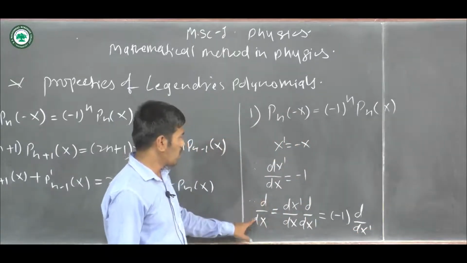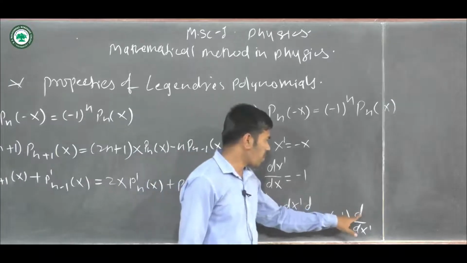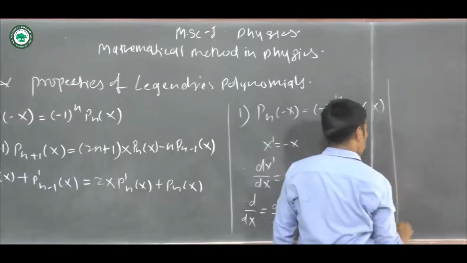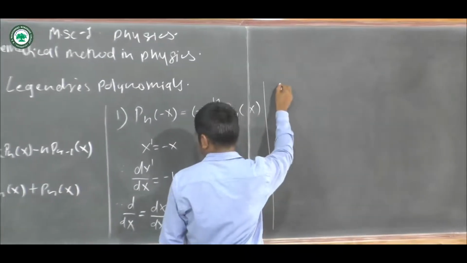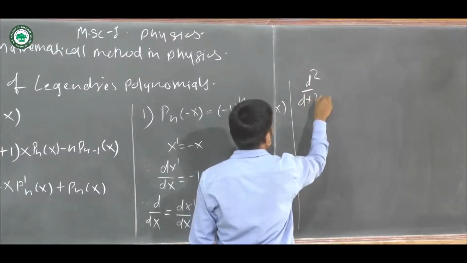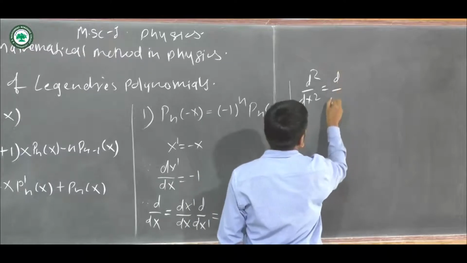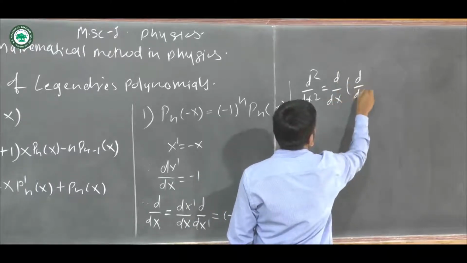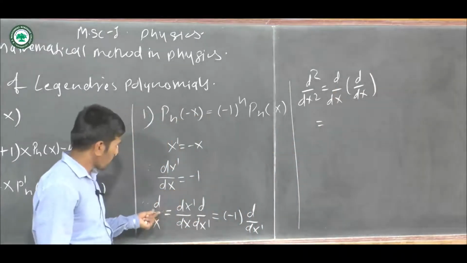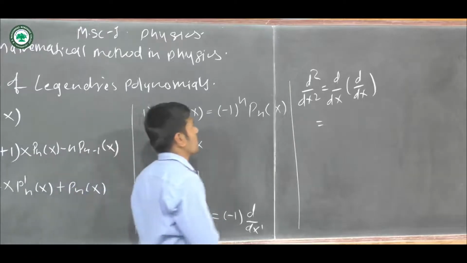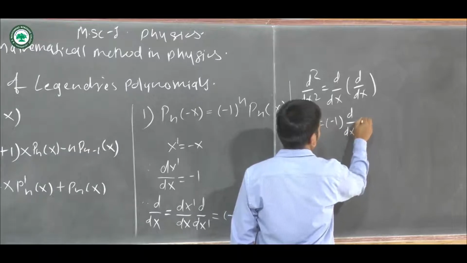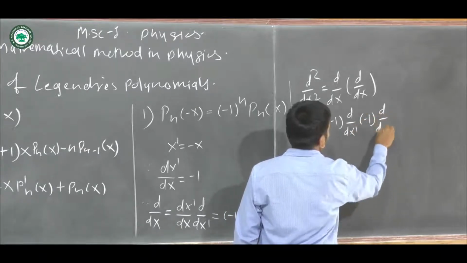Okay, so this is for the first power, that is 1. For the second power, we can write d square by dx square as d by dx into d by dx. Okay, so this d by dx is equal to minus 1 into d by dx prime, so it is minus 1 into d by dx prime into minus 1 into d by dx prime.